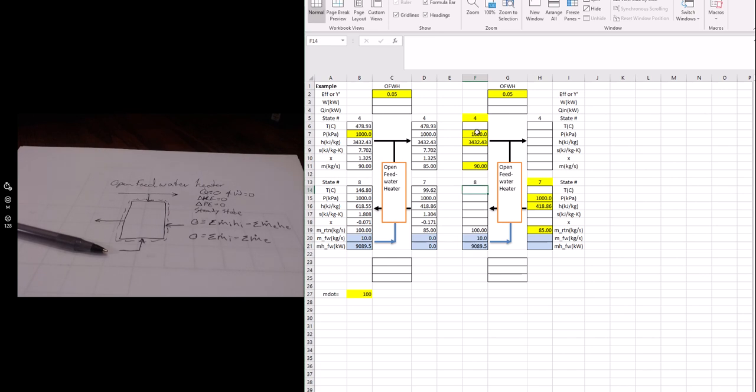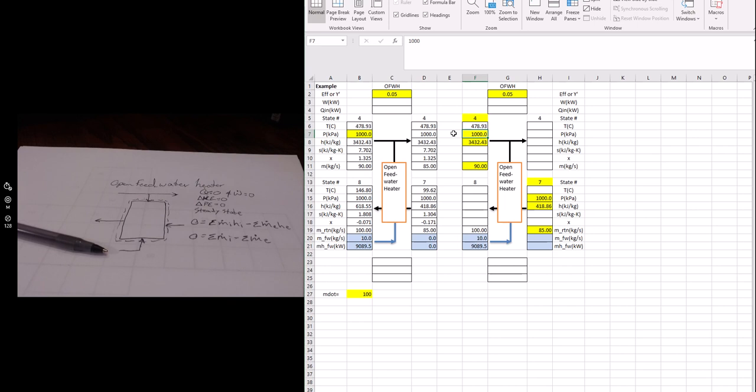Okay, now we need to calculate these properties here. So this is equal to water, and I'm given values for pressure and enthalpy, and I'm trying to find temperature. So pressure, comma, enthalpy. And that matches my value here.